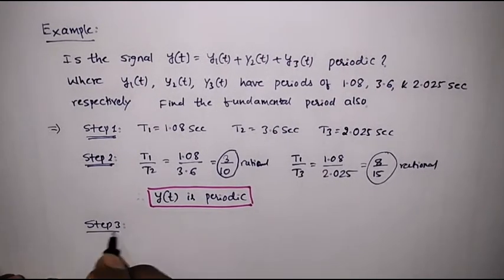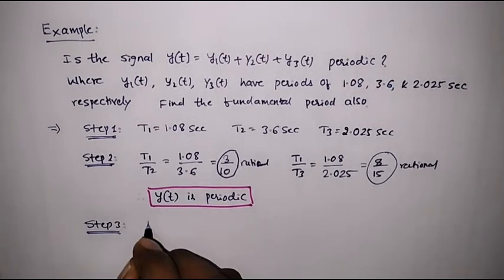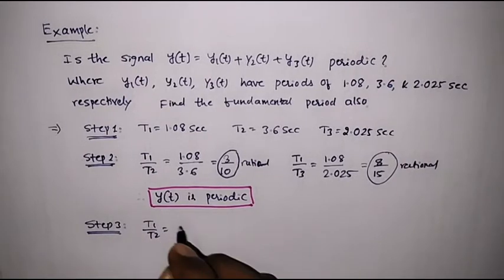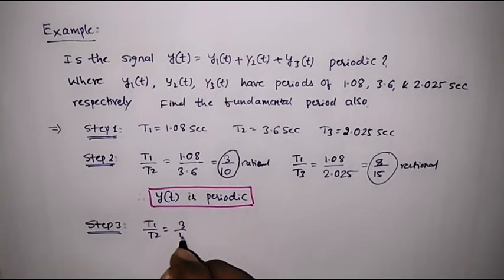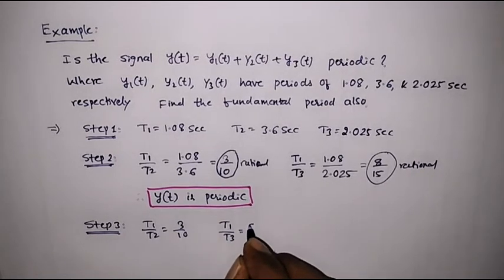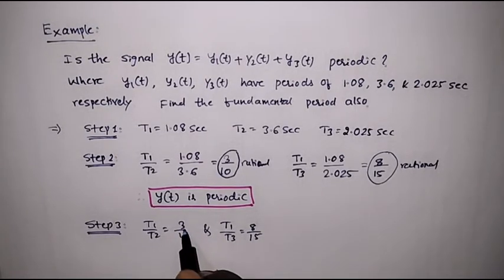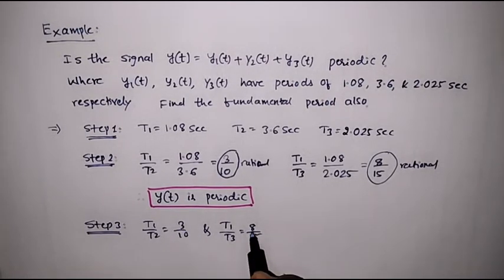Step number 3. So in step number 2 we have calculated the T1 by T2 ratio and its value is 3 by 10. T1 by T3, its value was 8 by 15. So now here we can observe we have to find the GCD of numerators, that is 3 and 8, and the GCD of denominators, that is 10 and 15.